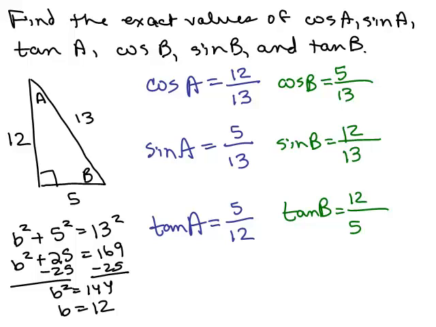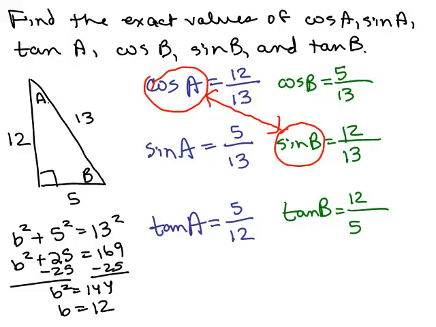Now what you might notice, I've talked about this before, is that the cosine of A ends up being the same thing as the sine of B. Why is that? Because for the cosine of A, you're looking at the side adjacent, but for the sine of B, you're looking at the side opposite.